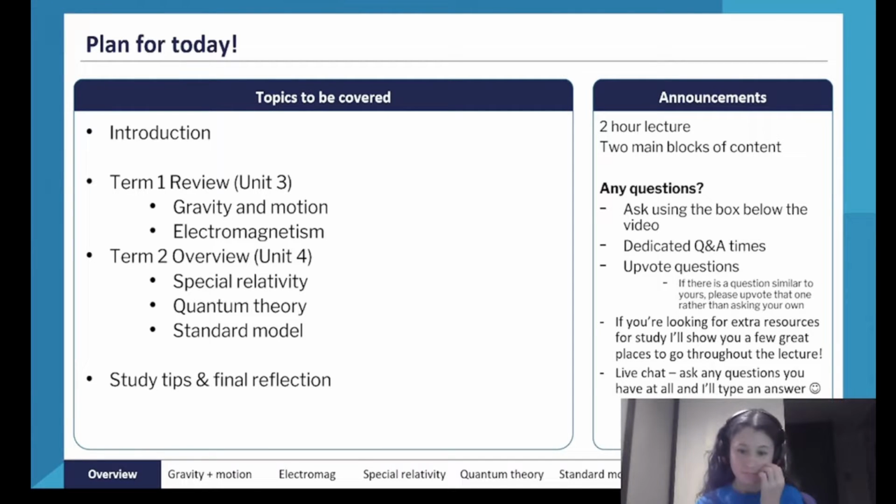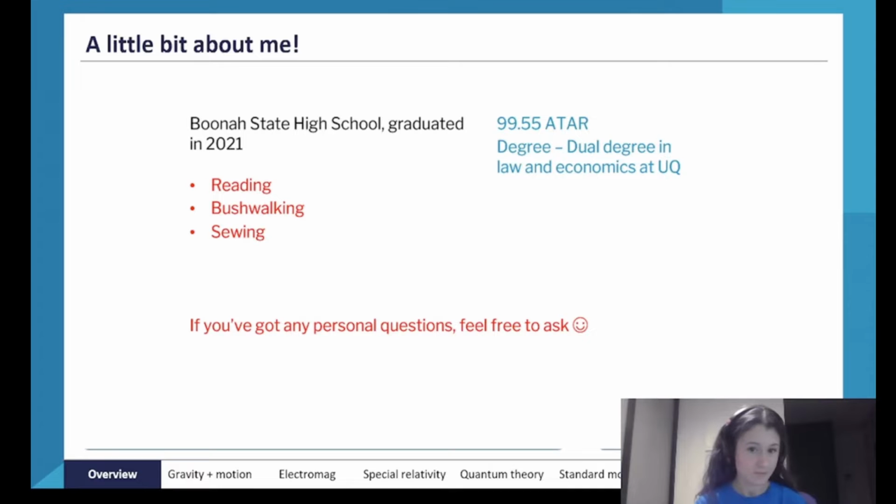So before we get into the content, I'll go over a quick overview of just a little bit about myself. I graduated from Boona State High School in 2021, so a little bit over a year ago. I got an ATAR of 99.55, and I also think the majority of that ATAR was because I did well in all of my STEM subjects, which scaled really well, of course.